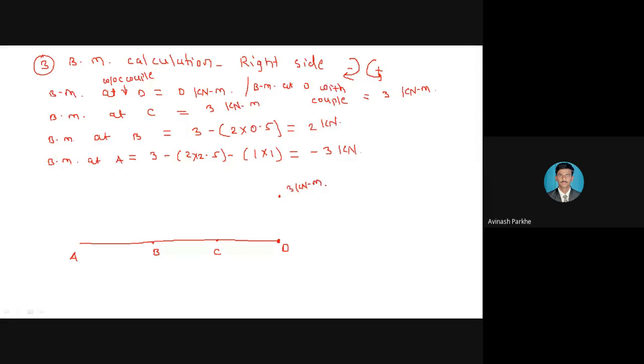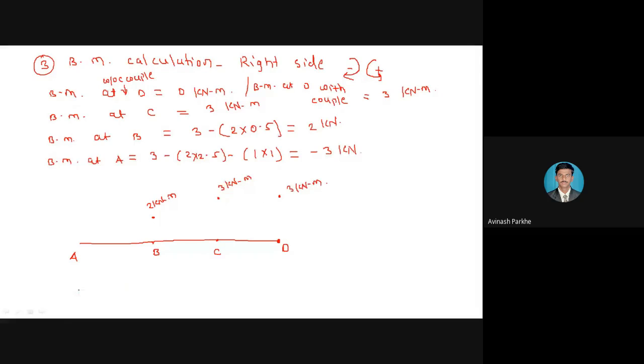Then bending moment at point C, again 3 kilonewton meter. So again at the same point, a horizontal line, 3 kilonewton meter. Then bending moment at point B is 2 kilonewton meter. So here this is 2 kilonewton meter. And bending moment at point A, negative, directly we have to go into the negative region.